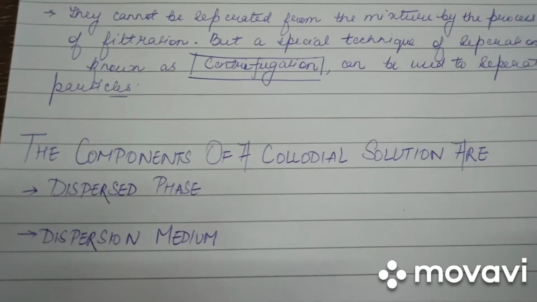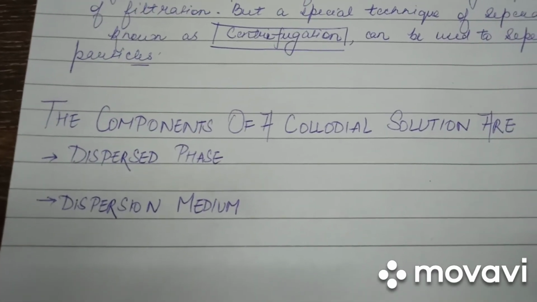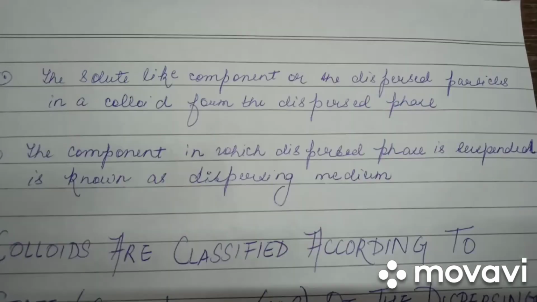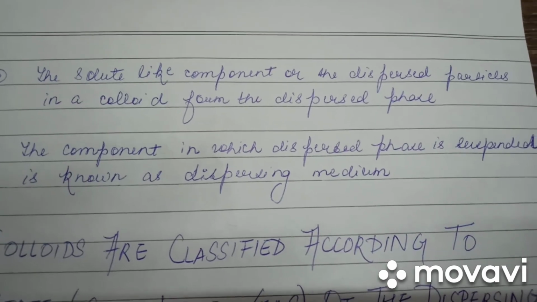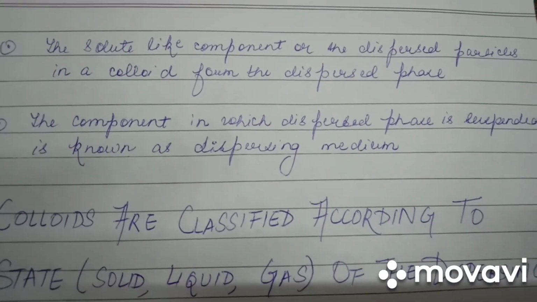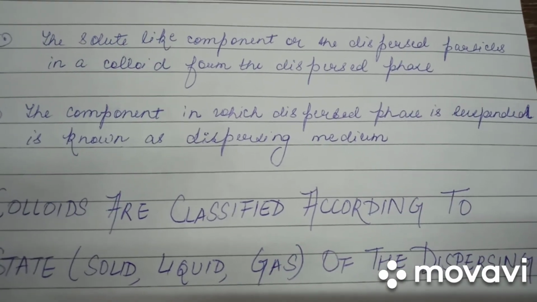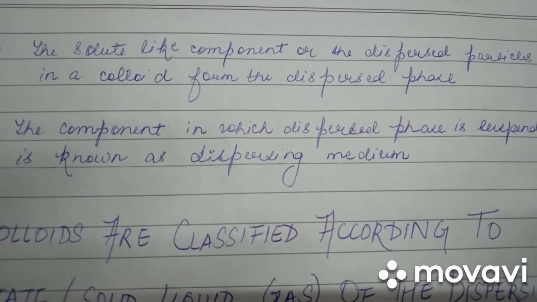The components of a colloidal solution are the dispersed phase and the dispersion medium. The solute-like component, or the dispersed particles in a colloid, form the dispersed phase, and the component in which the dispersed phase is suspended is known as the dispersing medium.